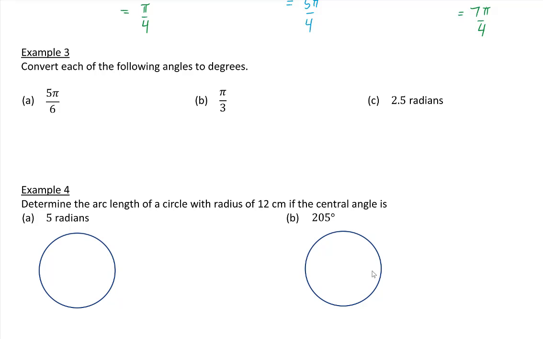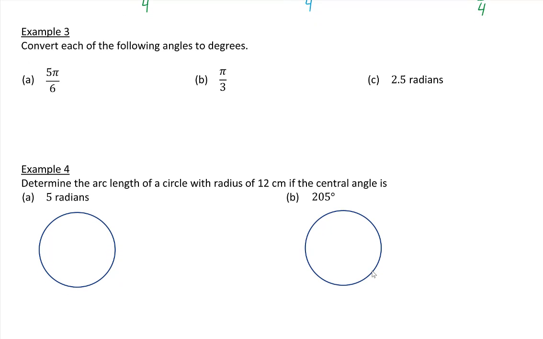Convert each of the following angles to degrees. So we're just going to multiply by the reciprocal ratio. We're going to multiply by 180 degrees over pi this time. We see the degrees is in the numerator, so therefore we'll end up with degrees as our solution. We see that the pi's will cancel. Also note that 6 goes into 180 30 times. And we are left with 5 times 30, which is 150 degrees.